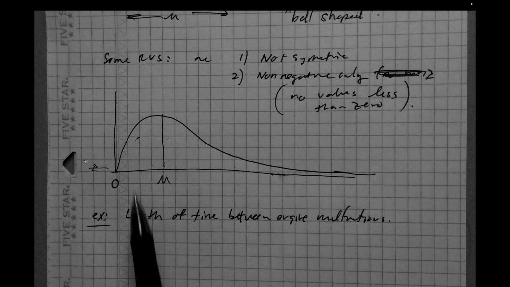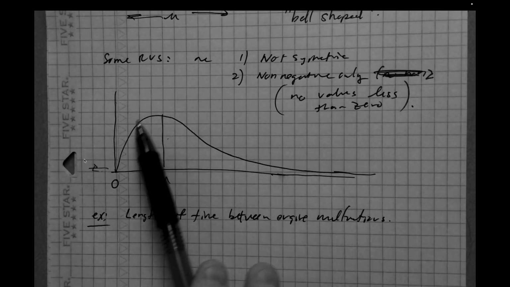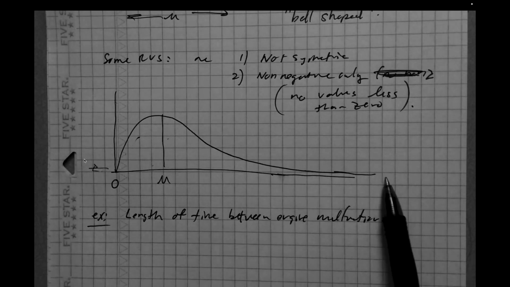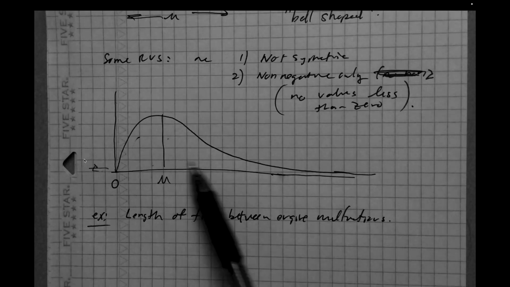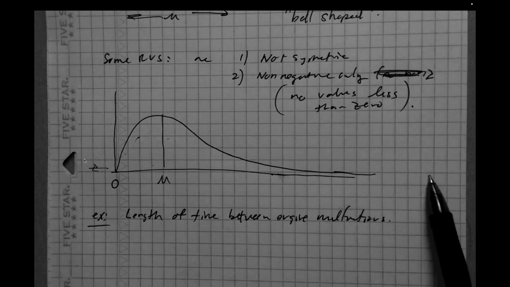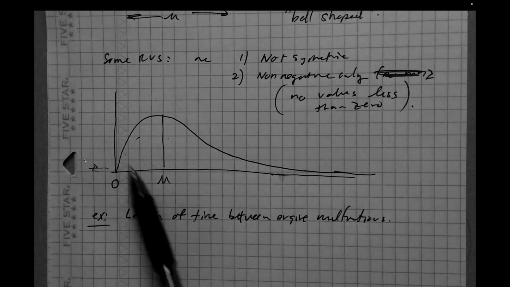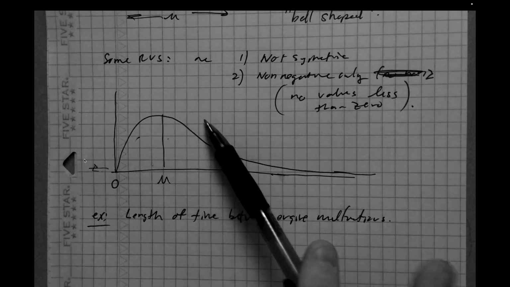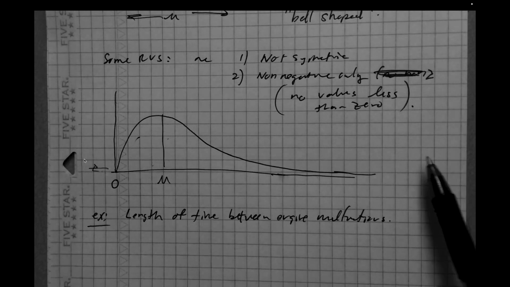Normally the length of time between engine malfunctions is going to be centered around something here, but occasionally you'll have examples where there are long periods of time. You'll have these outlying values, something way out here, but those are going to be few and far between. Most of the time, components are going to malfunction around something over here, but occasionally you're going to have examples that are far to the right.